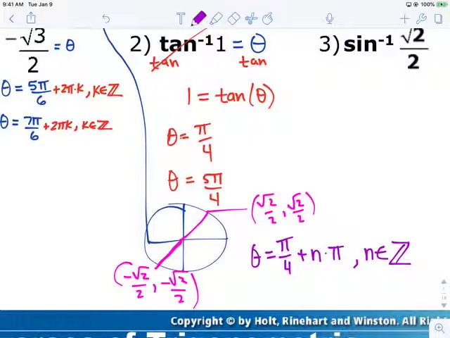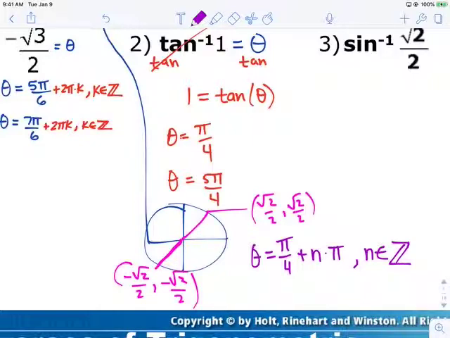Or if you start here and you subtract pi from it, won't you get here? If you start here and you add 3 pi to it, 1, 2, 3, won't you get there? If you start here and you add 2 pi to it, 1, 2, won't you get back there? So do you see how this one line accounts for everything?